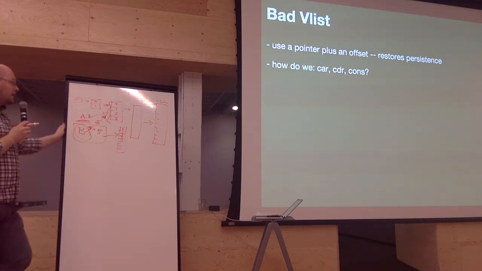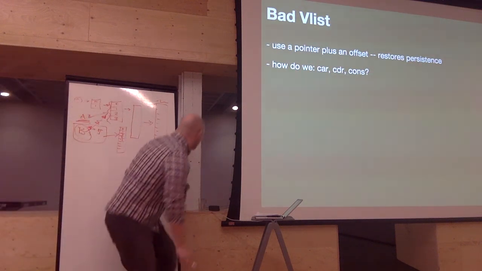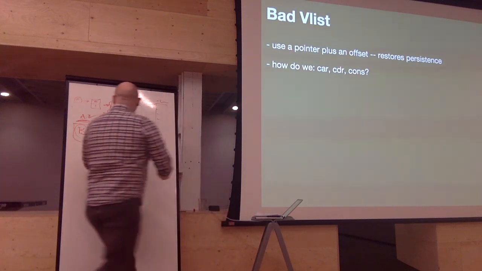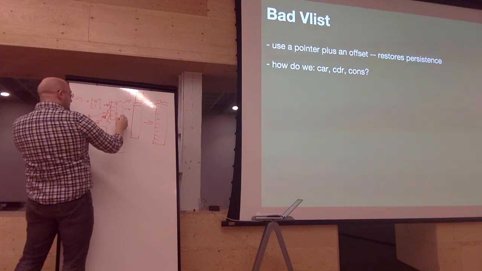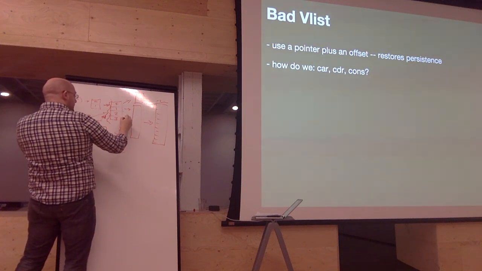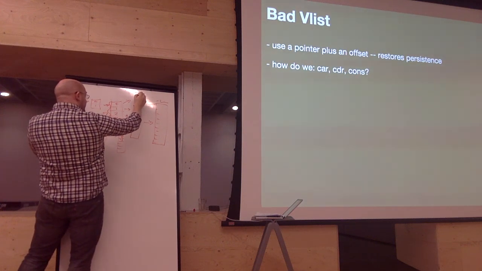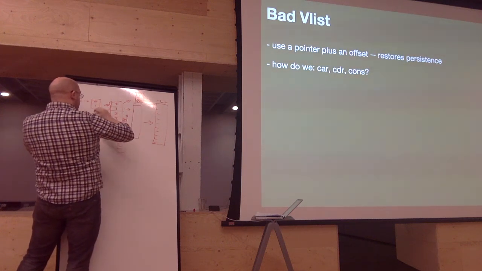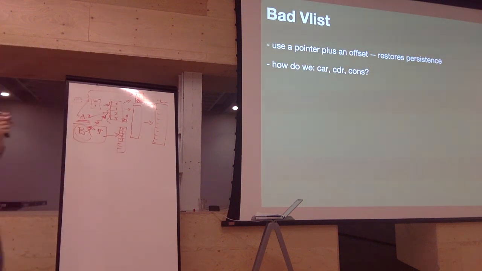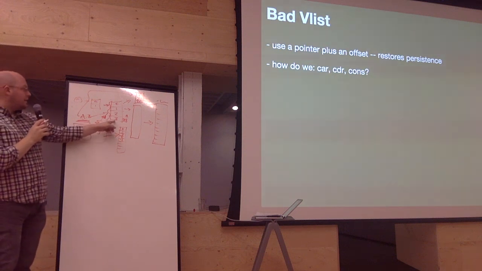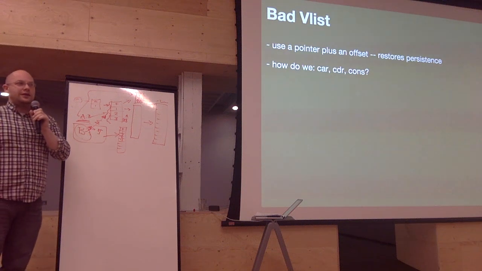Yeah, so at this point we're going to have to make a fresh copy for A. So if we stick 88 in here from A's perspective, then A is now pointing to this. Okay. Because we can't overwrite this 3 because B might still be using it. So how do we know that B is using it?